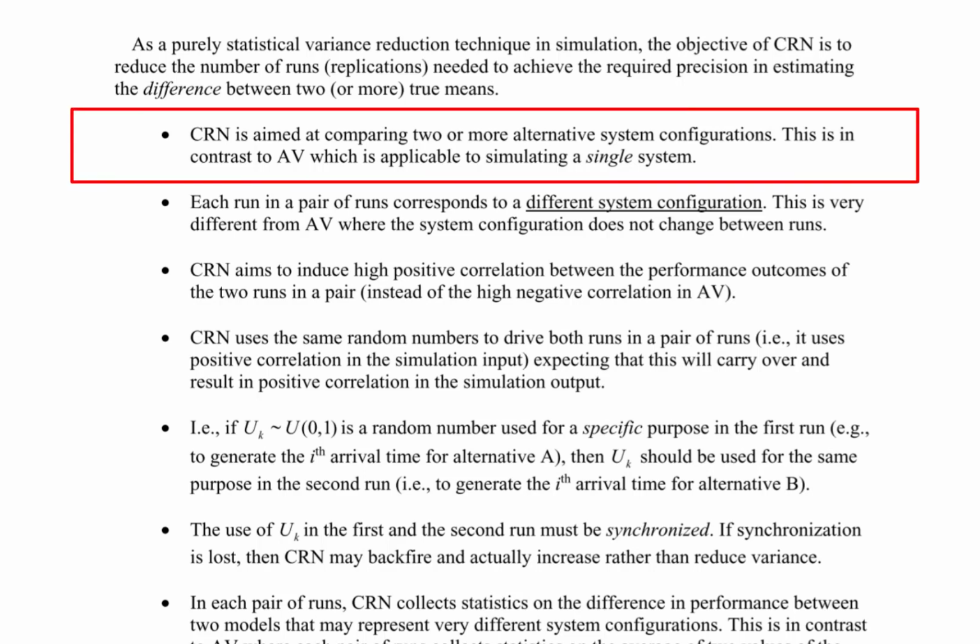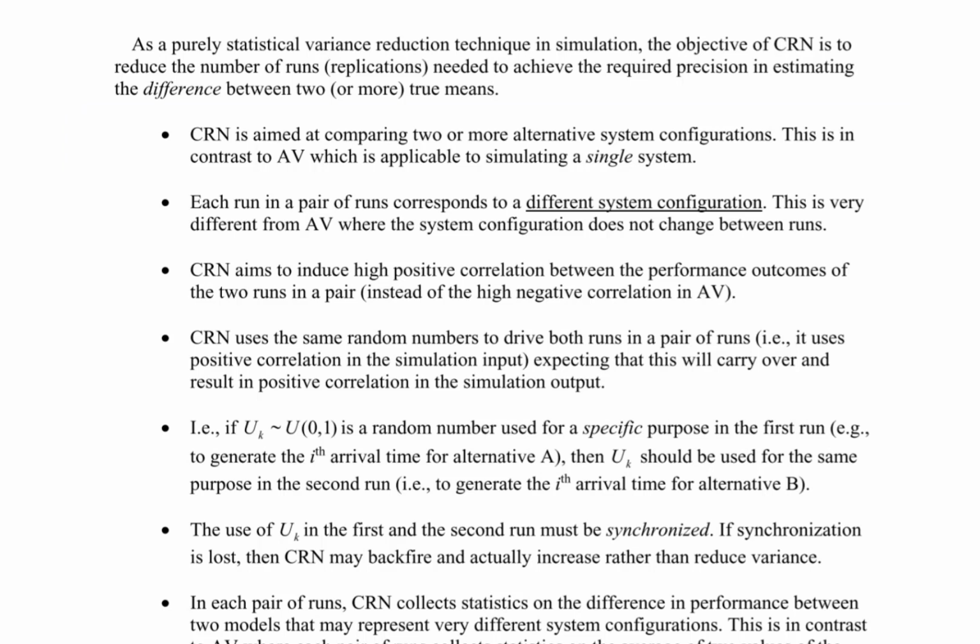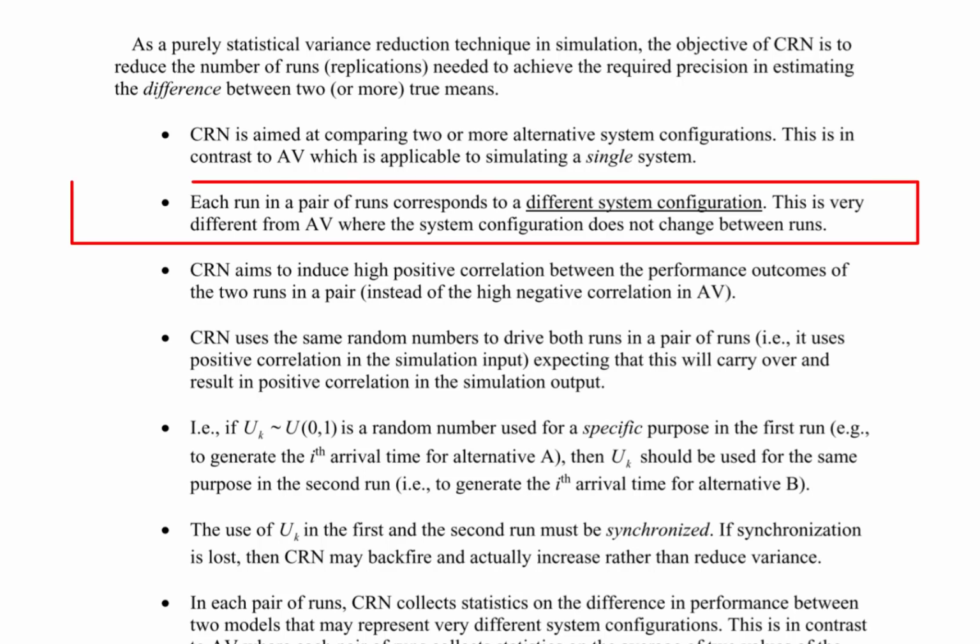Common random numbers is aimed at comparing two or more alternative system configurations. This is in contrast to antithetic variates, which is applicable to simulating a single system. Each run in a pair of runs corresponds to a different system configuration. This is very different from antithetic variates, where the system configuration does not change between runs.